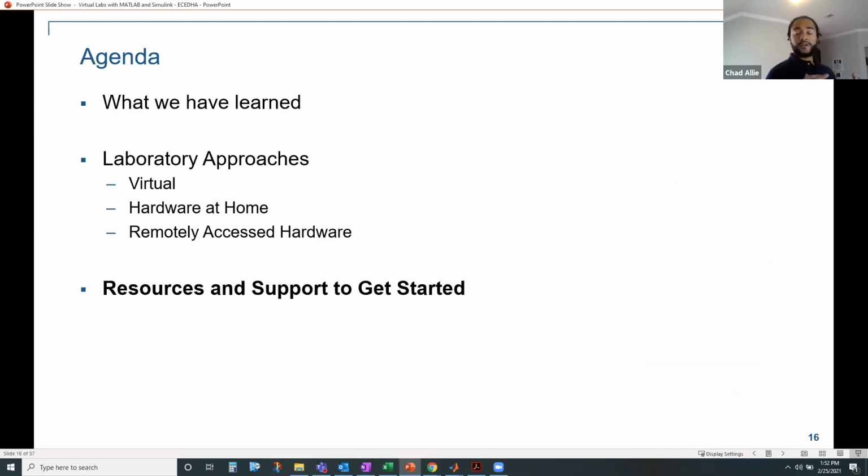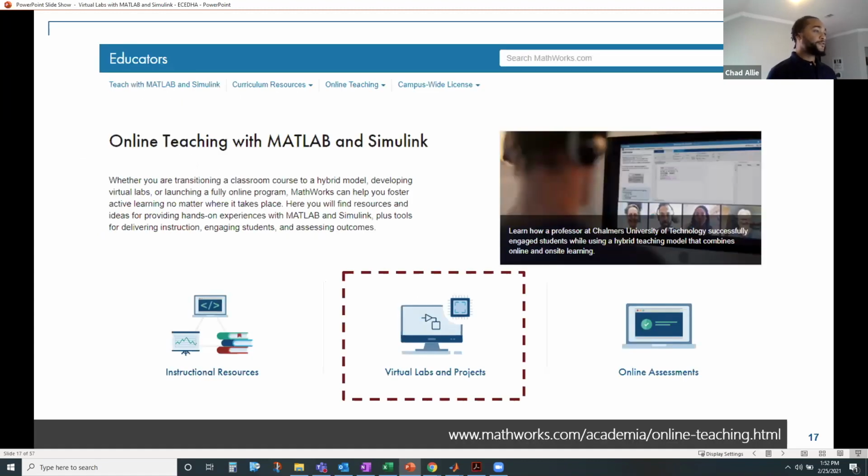So now we've gone through some of the different laboratory approaches that we've come to understand throughout our interactions. I'll give you a few resources to help you get started with even developing your own lab if that's of interest to you. So the first thing is our educators page. Now this is a great resource for everything and anything you need for teaching with MATLAB and Simulink.